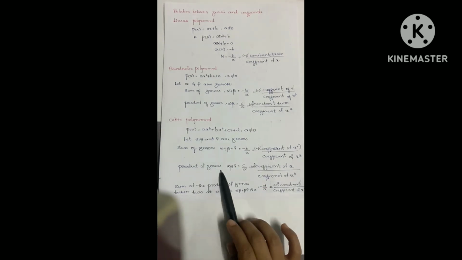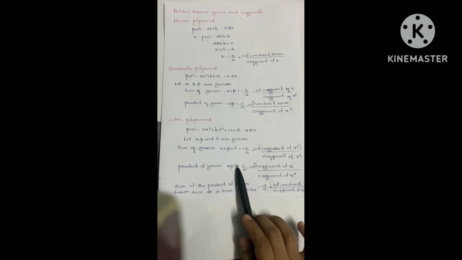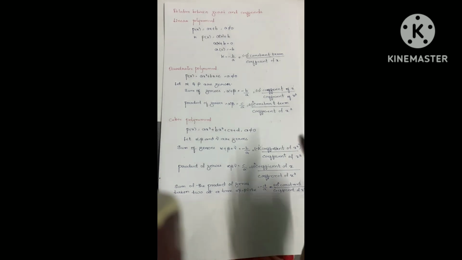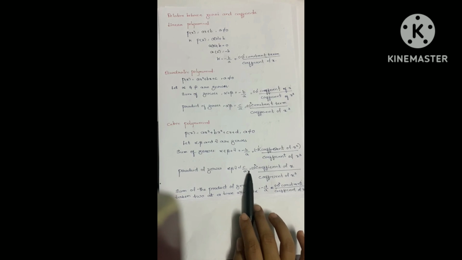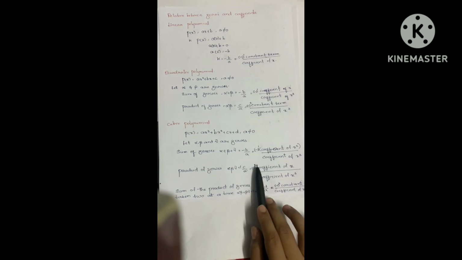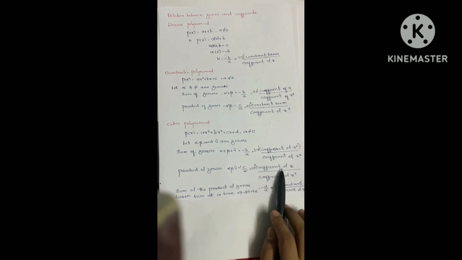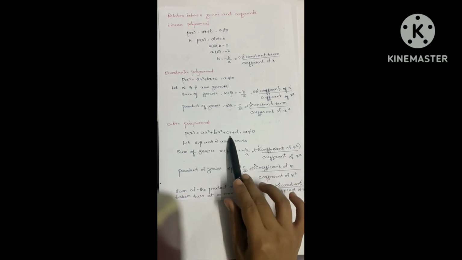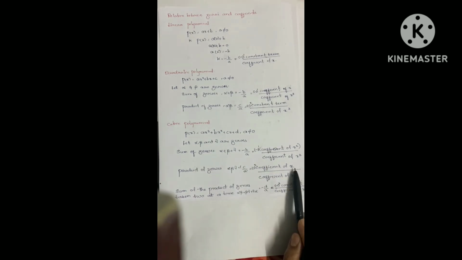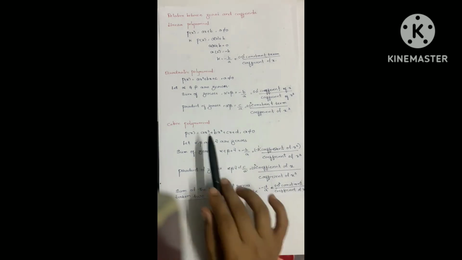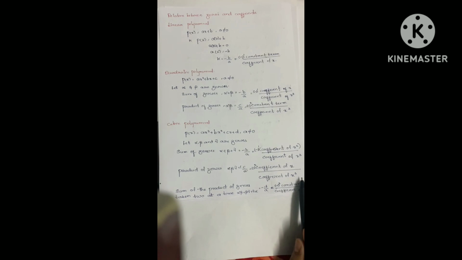Next is the product of zeros, alpha beta gamma, which is equal to c by a, which is equal to minus 1 whole square, coefficient of x divided by coefficient of x cube. So here c is the coefficient of x, divided by a, the coefficient of x cube.